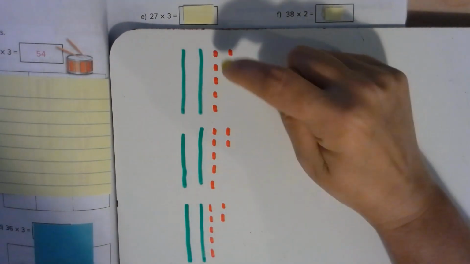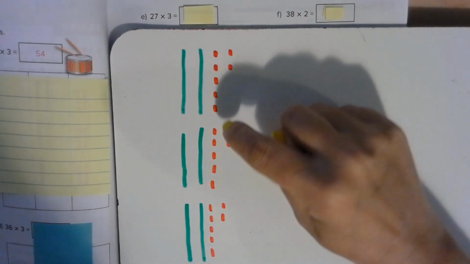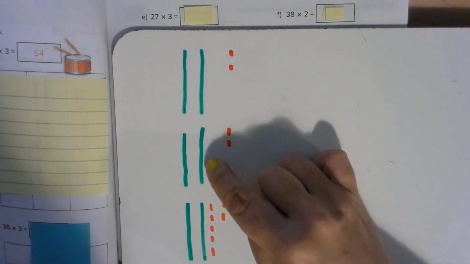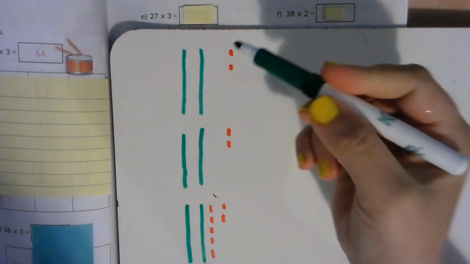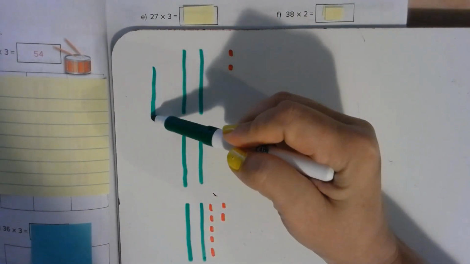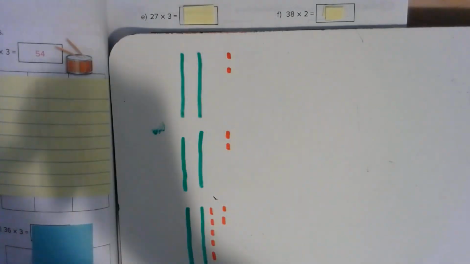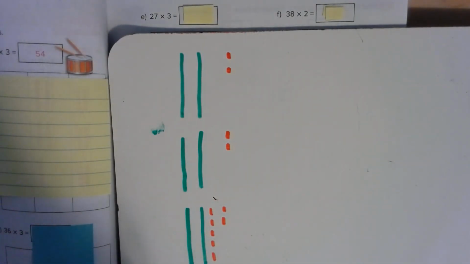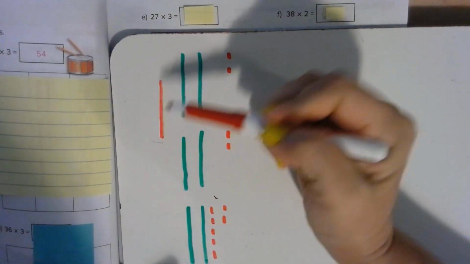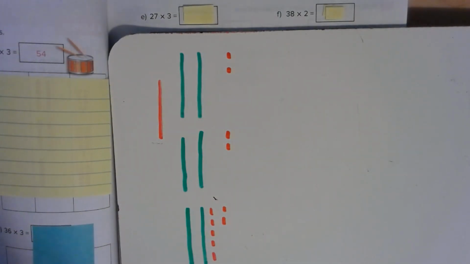So you can count 1, 2, 3, 4, 5, 6, 7, 8, 9, 10. You can get rid of 10 very easily and put in a new 1. You know what I'm going to do? I'm going to make my new one red. That way you know that it came from my units. So this new one is when I put my units together.